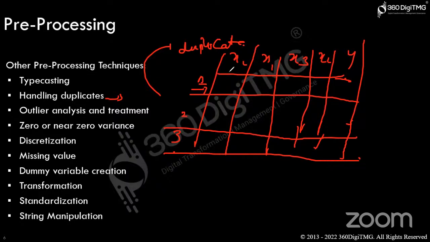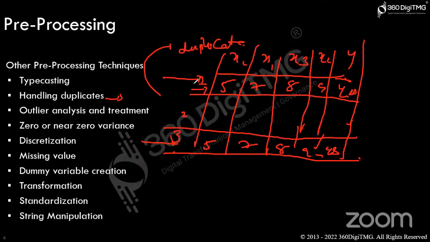If entry 1 is 5, 7, 8, 9, and yes, and here also exactly 7, 8, 9, and yes, the same information is present in two entries. That is a duplicate.